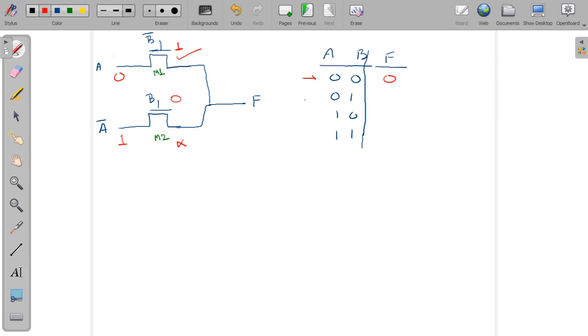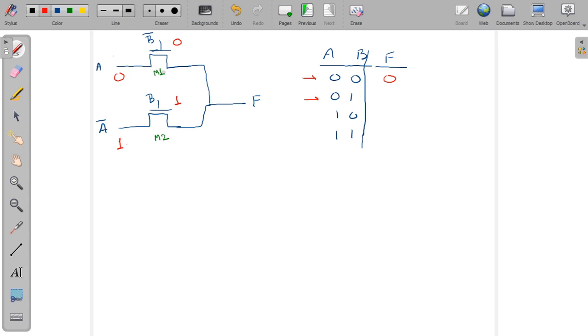Now going to the second condition, when A is 0, B is 1. So A is 0, A bar becomes 1 here. B is 1, and hence B bar becomes 0, right?